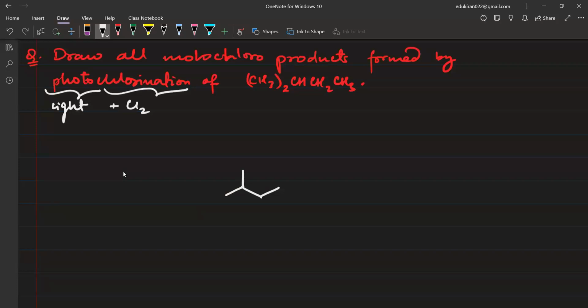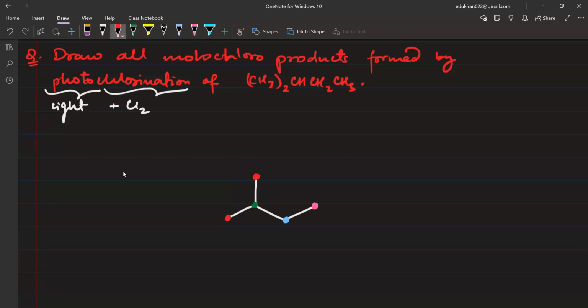So we have now got this compound. They are asking to write all the monohalo products that will be formed. First of all, you will see what are the different types of carbon atom. So this is a different type of carbon atom, this is a different type, this is a different type, and this is a different type of carbon atom, right?